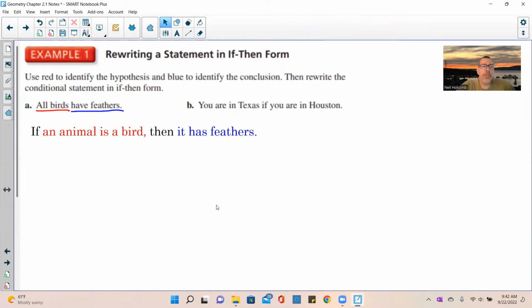Okay, so this is how it should be written. An animal is a bird is the hypothesis. It has feathers is the conclusion. Okay, so there's A. So we're going to do this again for B.